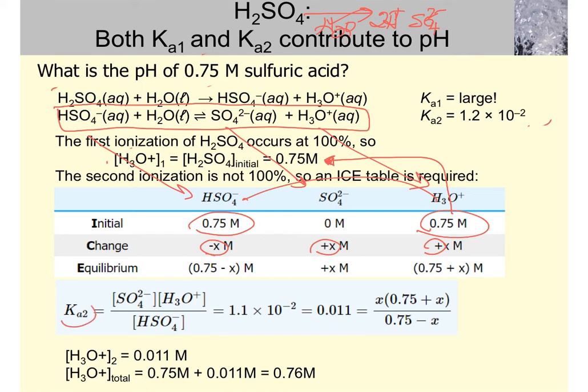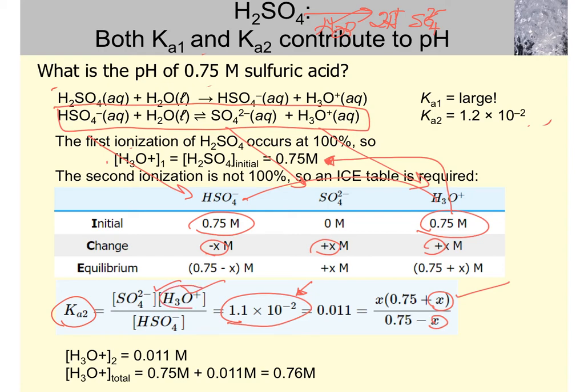Go ahead and set up our equilibrium expression for the second ionization. Now, in this case, it is not okay to neglect X, okay, because the Ka is pretty large, 10 to the minus 2. But lucky for us, look at how this simplifies.